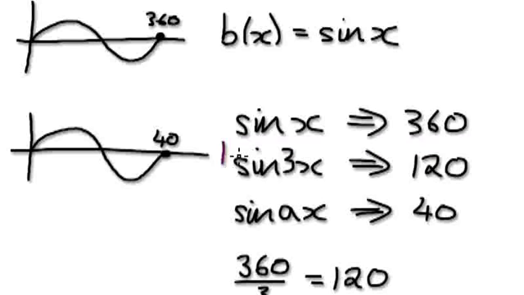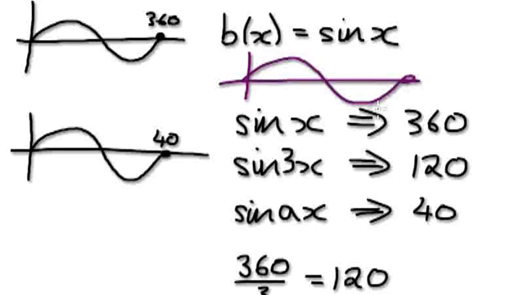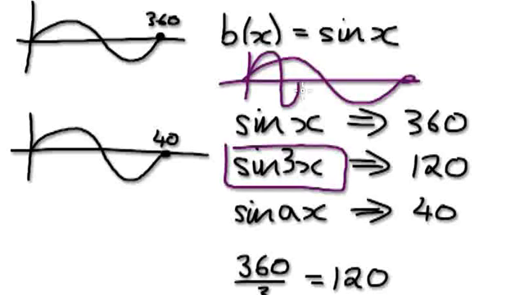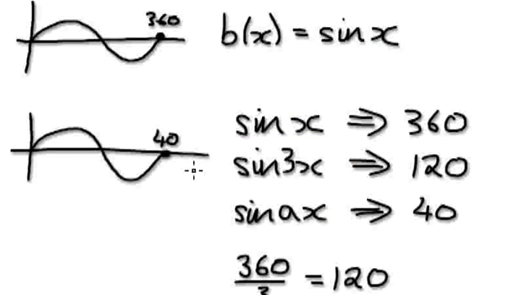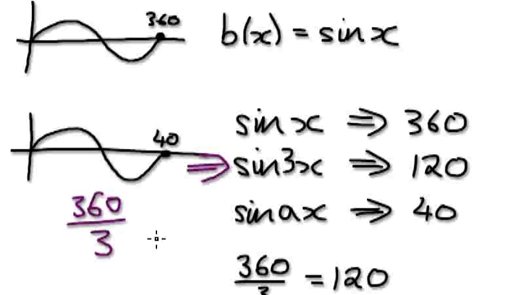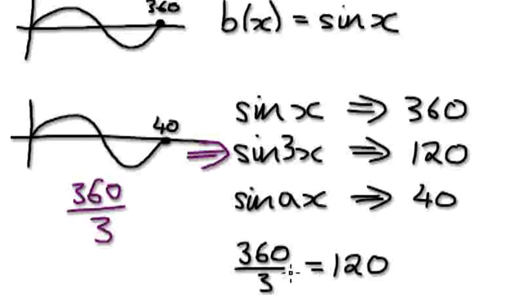Now, if sine of x gives me a period of 360, then if I have sine 3x, I'm going to have 3 periods within that, so I'm just going to get 360 divided by 3. Looking at sine 3x, the period would be 360 divided by 3.